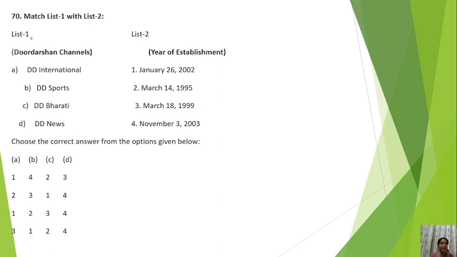But okay, let me be lenient and tell you to remember important channels, like DD News or DD Bharati, because if you remember one or two, you can eliminate the other options by the elimination method.